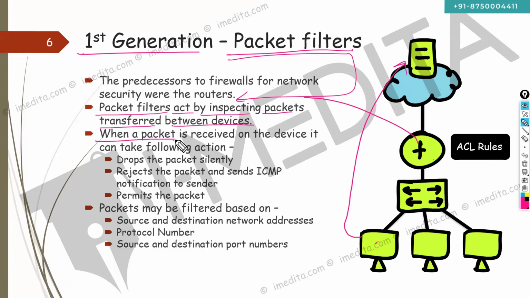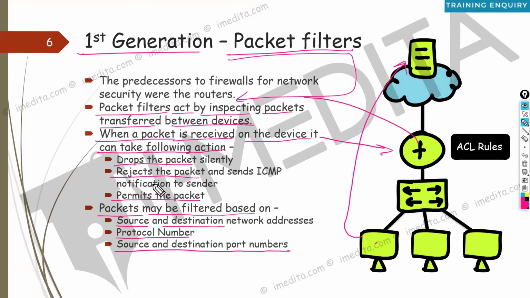When a packet is received on a device, that packet filtering device can take the following actions. Router can drop the packet, router can reject the packet, and router can permit the packet. Packets may be filtered based on source and destination IP address, based on protocol numbers, or based on port number. Same thing it is mentioning, but the words differ.